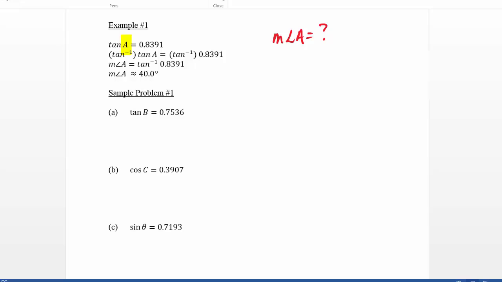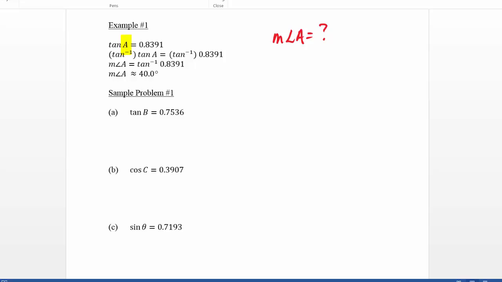So we're going to use the arctan, or the inverse tangent function, to eliminate that. When multiplied times the tangent function, that gives us the identity function, which basically leaves A by itself. Now, if we do the inverse on one side, we also have to do the inverse on the other side. And this is where our calculator is going to come in handy.